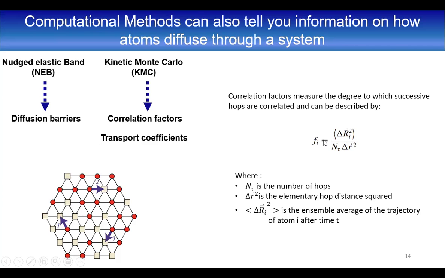Pretty much if this is 0, then your atom that hopped here is going to just keep hopping back here and then back and forth. If this is 1, then your atom that you're tracking is going to be hopping to always new locations, never going back to its previous hop.